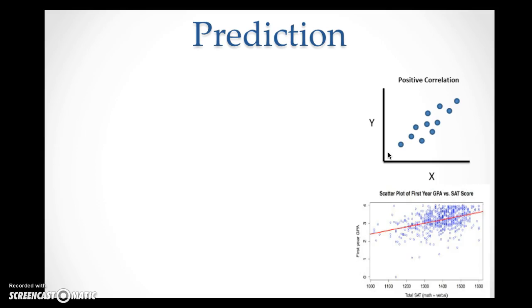Here, in this other scatter plot, you can see that students with a high SAT score tend to achieve a high GPA as well. On the other hand, students who have difficulty with the SAT or who have a low SAT tend to achieve a lower GPA. That's generally the case during the first year of college, we should say.